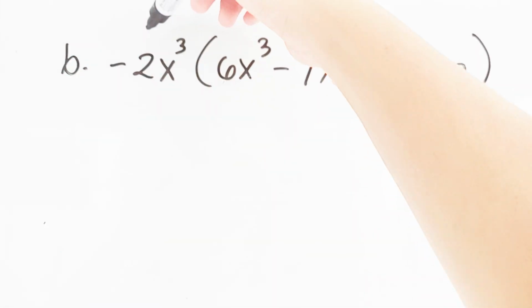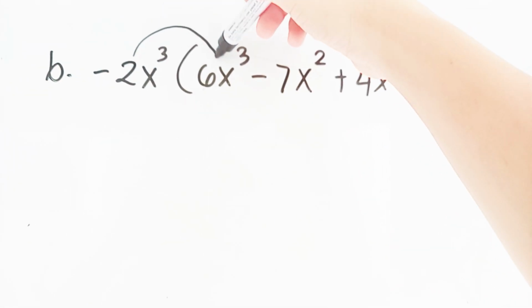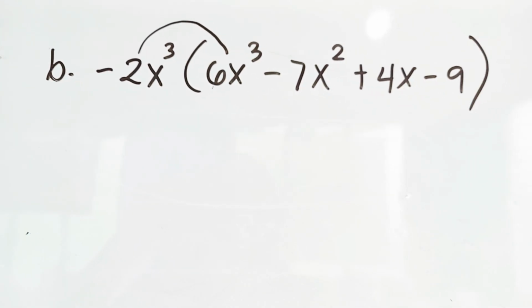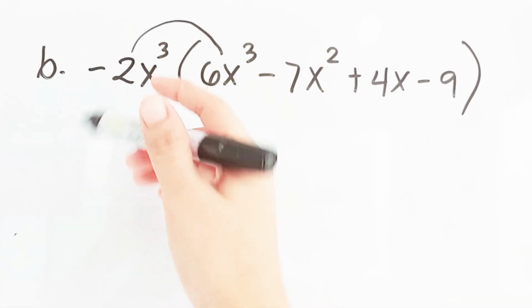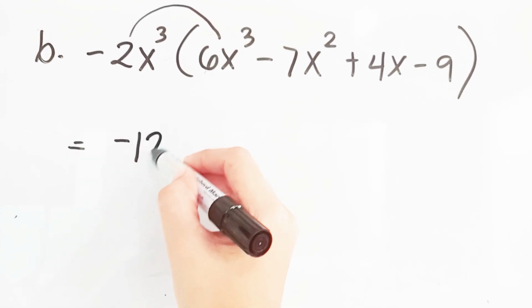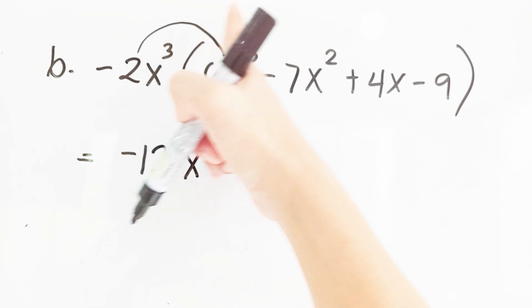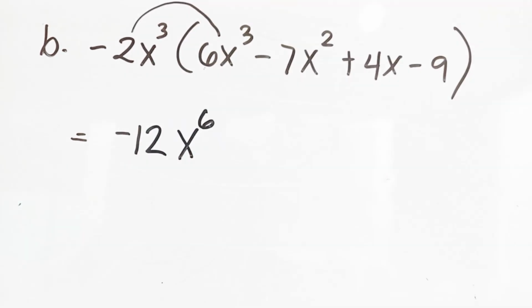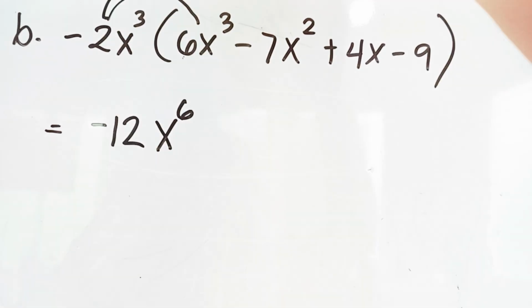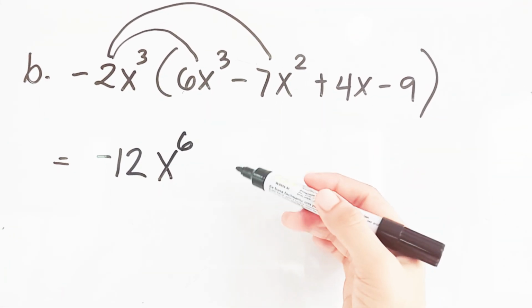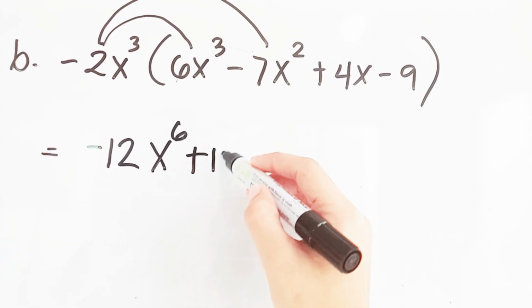Okay, let's start. So let us have this one, negative 2x cubed times 6x cubed. Okay, so let's multiply negative 2 times 6, that is negative 12. And then copy x, add the exponent, 3 plus 3, that is 6. Okay, and then continue to the next term, negative 2 times negative 7, that is positive 14.